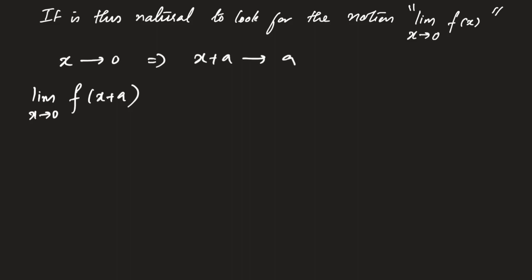Because x plus a is near a when x is near 0. So this is what we will call limit x tends to a of f of x. Hence it's also natural to look at the concept of limit x tends to a of f of x.